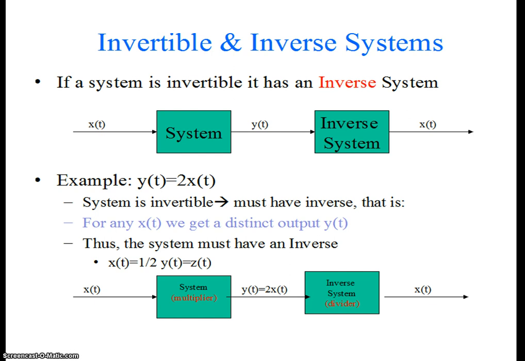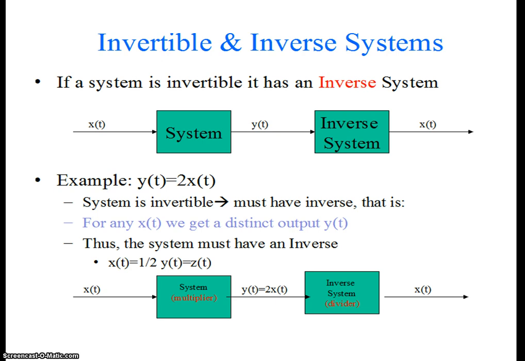For example, here two systems are shown, system 1 and system 2. For system 1, the input is x of t and the output is y of t. That output y of t is given to the inverse system and results in x of t. So I am able to recover my input from the output. That type of system is called an invertible system. If I am not able to recover the input from the output, then it's called a non-invertible system.